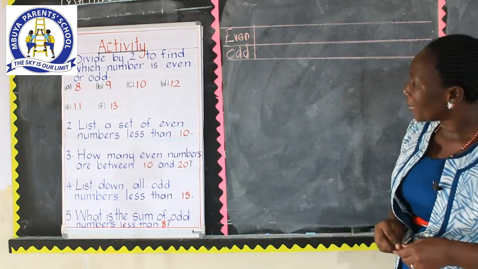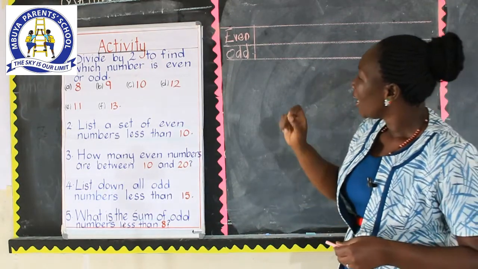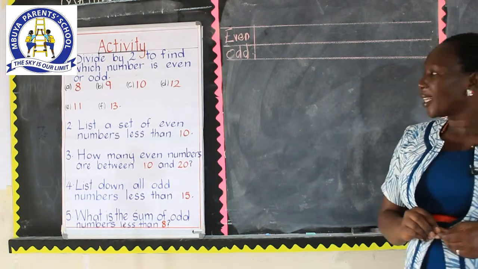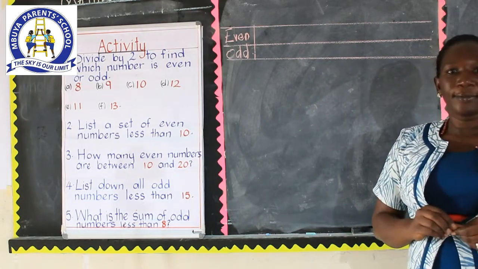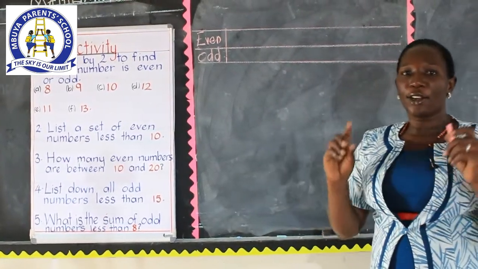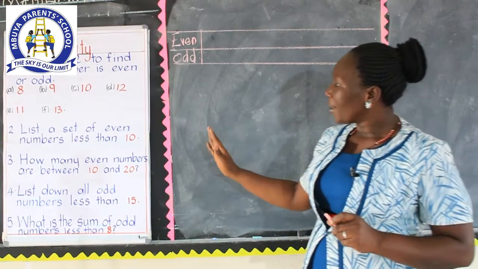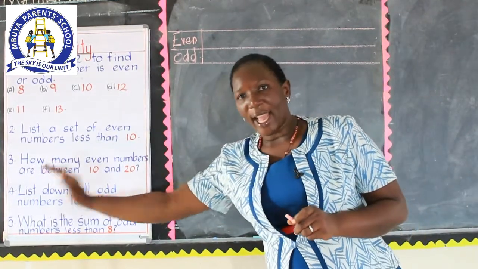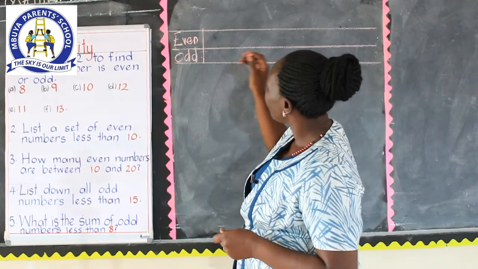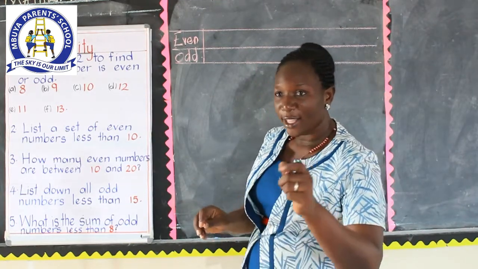So when you look at number 2, it says list a set of even numbers less than 10. That means you're not going to talk about 10. You're going to talk about numbers that are not 10, but they are below. So we have our even numbers always start with 0.